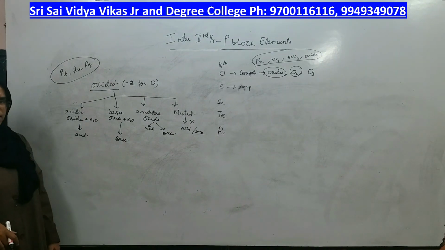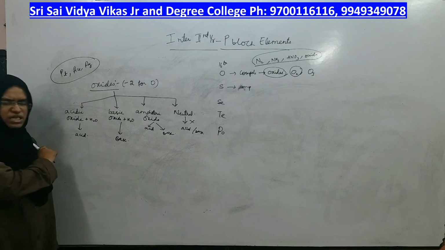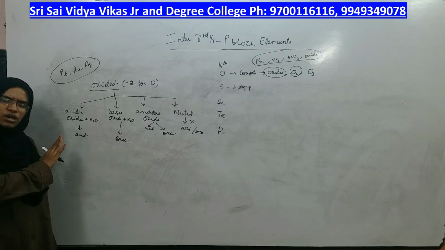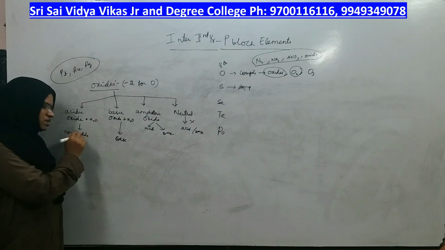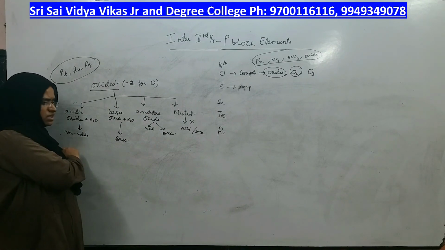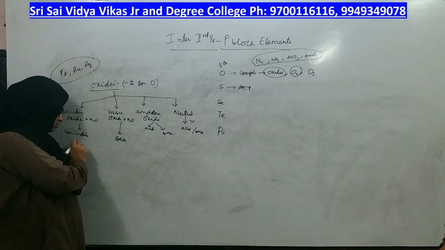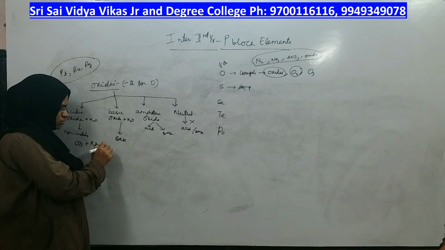Now let us see the examples. General rule for acidic oxide is all the oxides of non-metals. You have seen just now SO2 is getting converted into SO3, right? That SO3 is nothing but acidic oxide, because SO3 plus water gives you H2SO4.